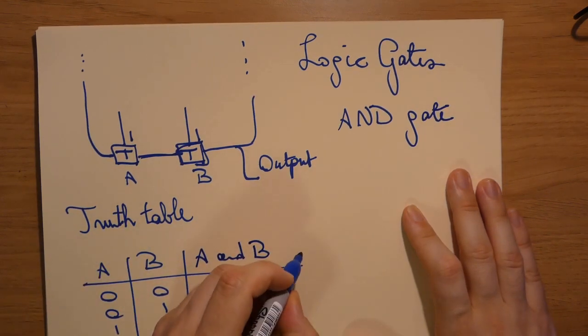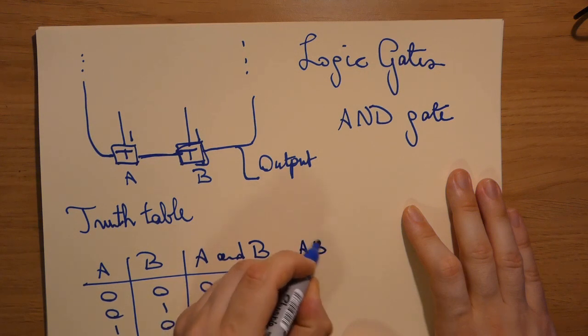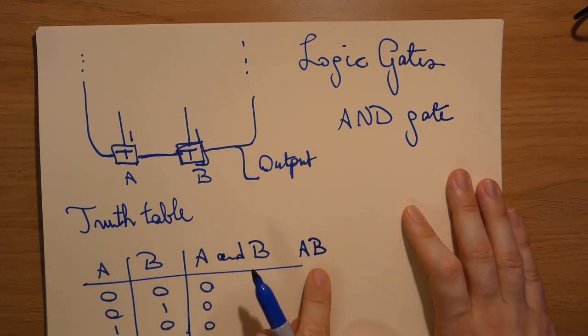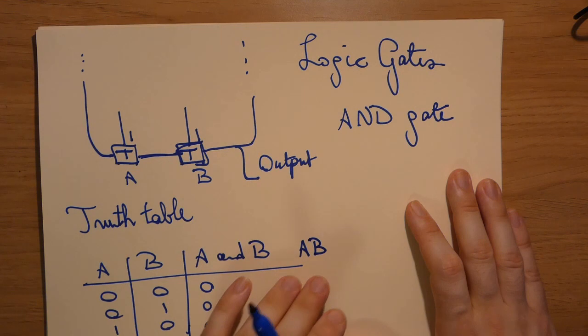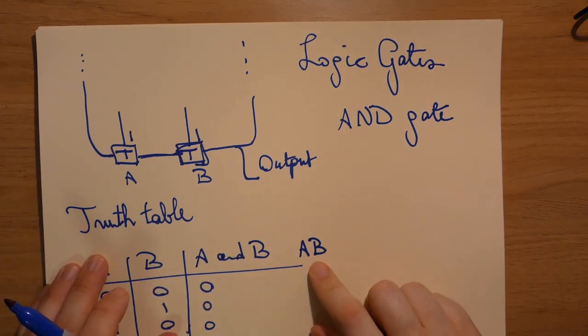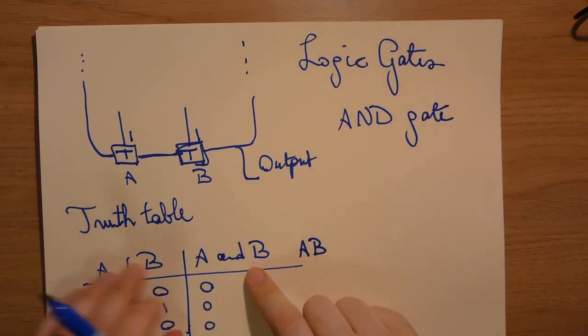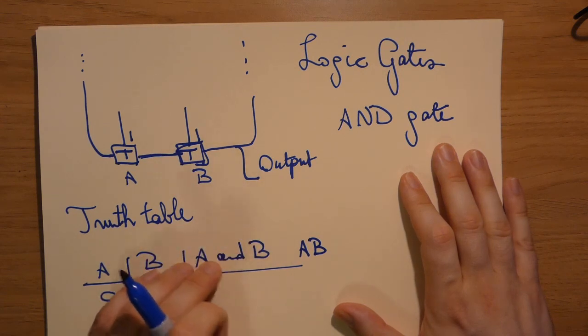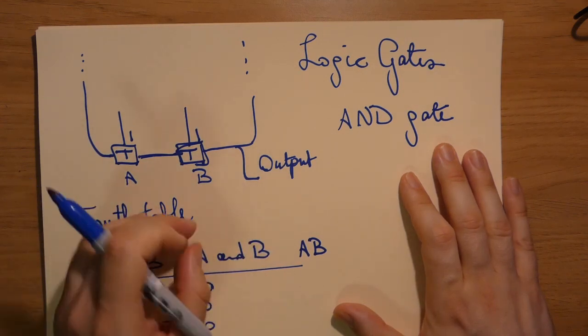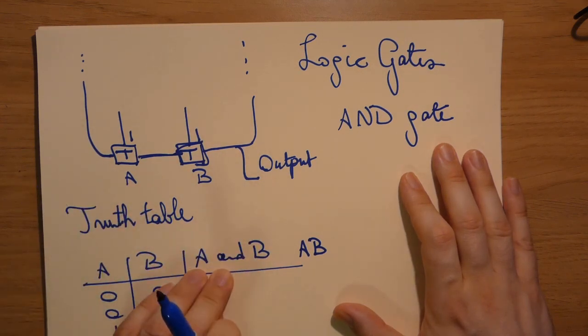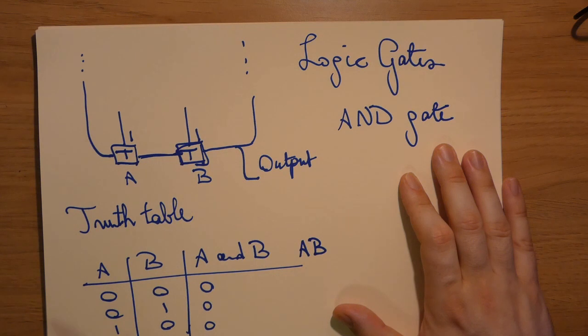In Boolean algebra, this would be written as a multiplication. Now, it might seem a little strange that we use a multiplication, because in common parlance, and plus are sometimes used interchangeably. But when you look at the truth table, you see that this operation behaves more like a multiplication.